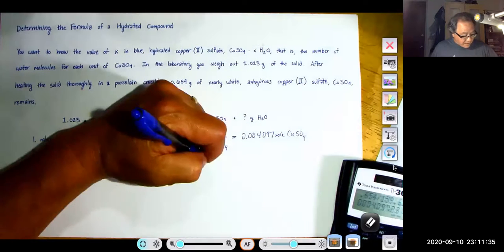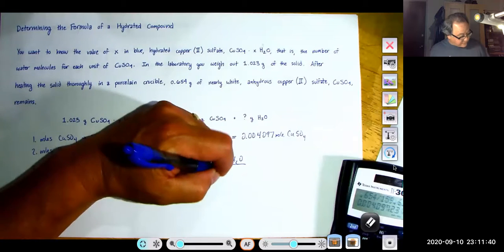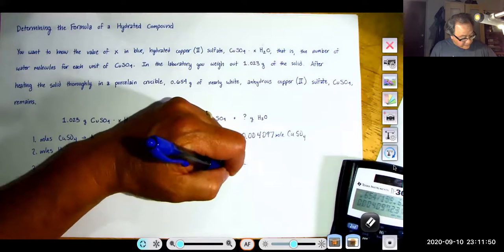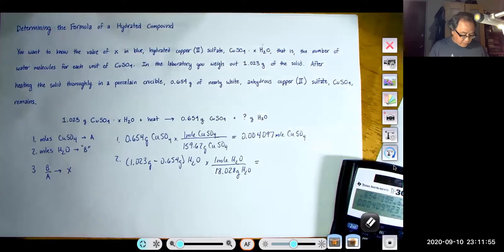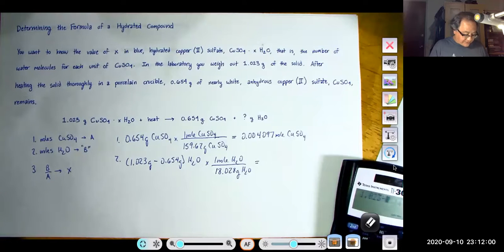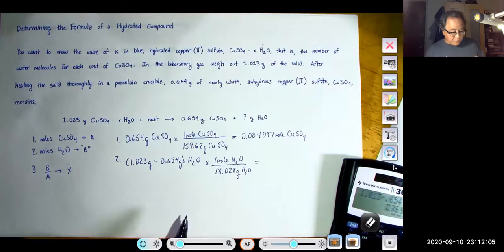And then we're going to multiply by 1 mole of H2O per 18.0182828 grams of H2O. Okay, so 1.023 minus 0.654 gives me 0.369, divided by 18.028.